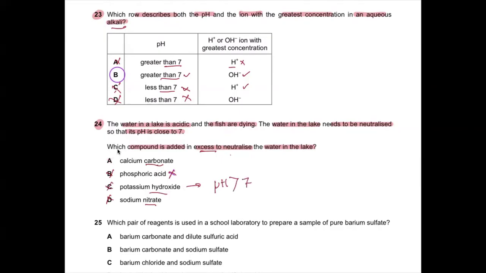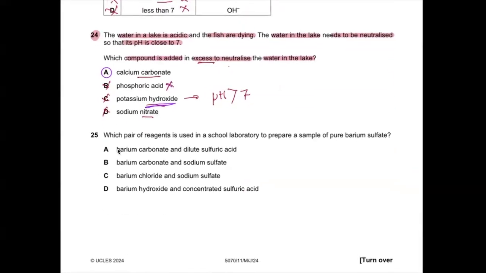So we are left with only calcium carbonate, because if the carbonate goes in excess, it doesn't affect the pH. Only what reacts with the acid neutralizes it, and the leftover carbonate remains as carbonate. So there is no increase in pH because no hydroxide ions are being added. But over here we are adding hydroxide ions, so pH goes greater than 7 and we need a neutral pH which is 7. So B, C, and D are wrong and A is the correct answer.